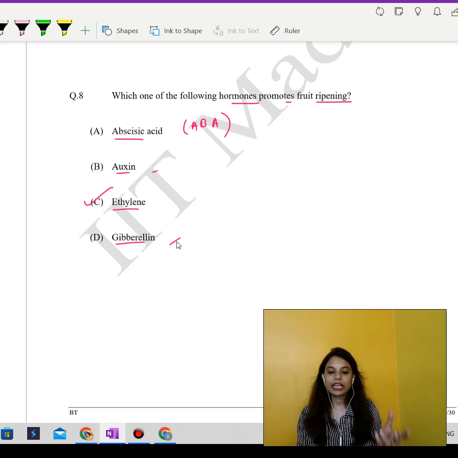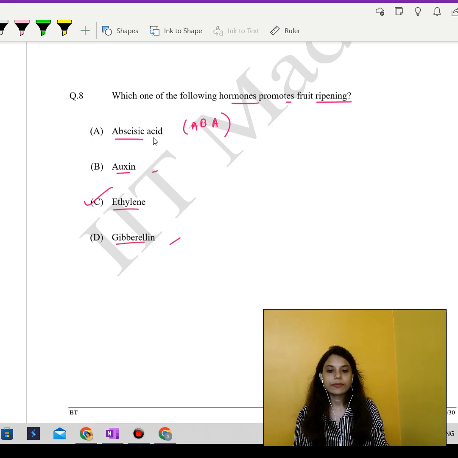It is a gaseous hormone produced by fruits themselves, and it triggers a cascade of changes that leads to softening, color change, increased sweetness, and other characteristics associated with ripeness.